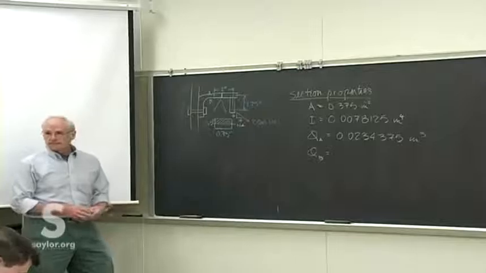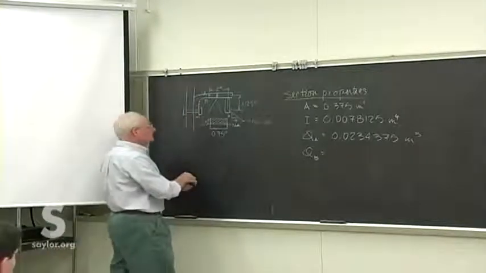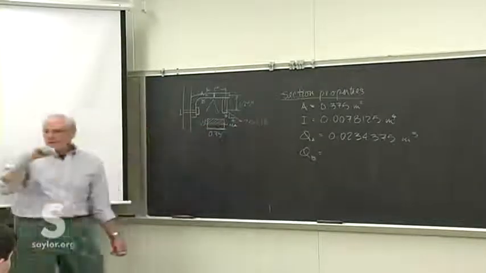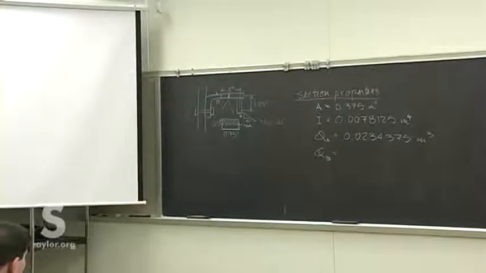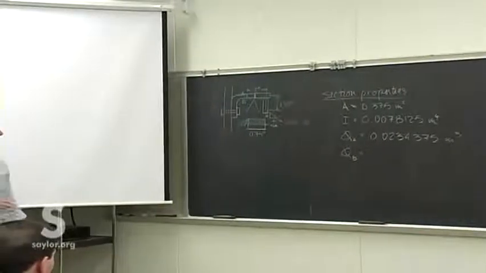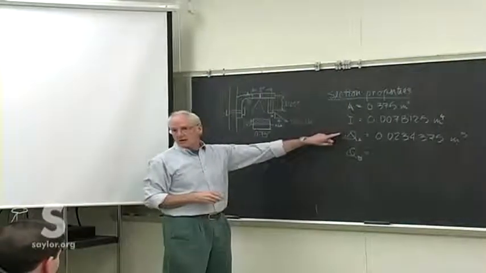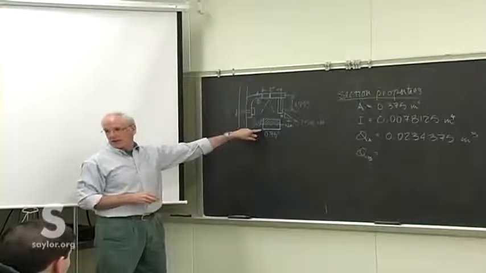Now, QB is a little bit different. Remember, B is at the very bottom of the piece. So what is Q for that? Remember, this Q is based upon the area beyond the point of interest away from the neutral axis.